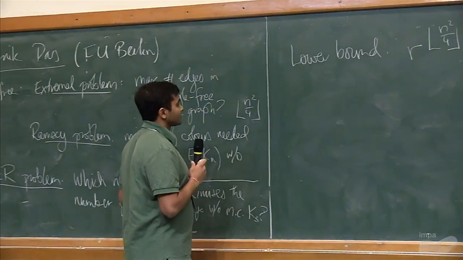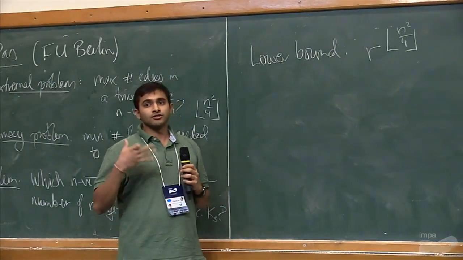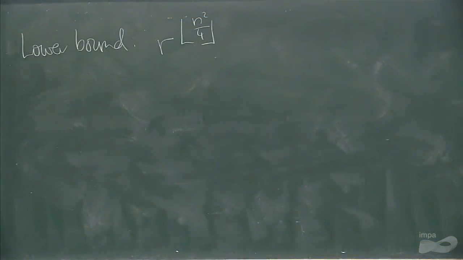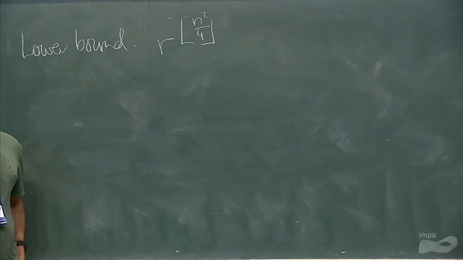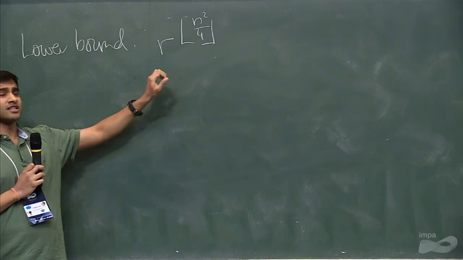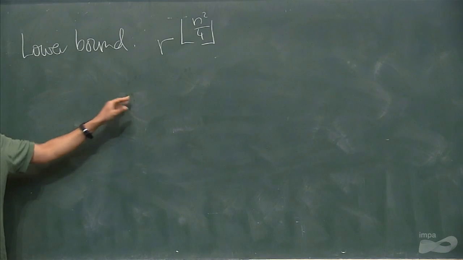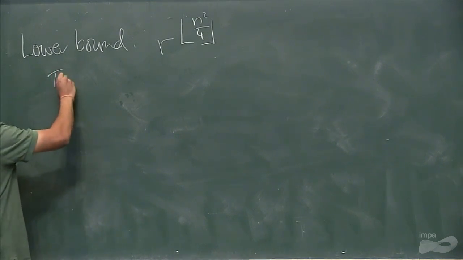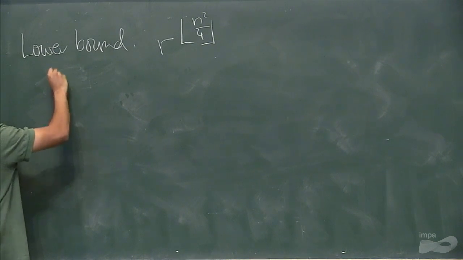And in fact, Erdős and Rothschild conjectured that this was correct when r is equal to 2. This was proven by Yuster, and then Alon, Balogh, Keevash, and Sudakov, if I remember correctly, showed that was true for r equals 3 as well, and also for larger cliques, you would take the corresponding Turán graph there. Okay, but it turns out that for r equals 4 or larger, this lower bound is not correct. Let's say this is the right bound.